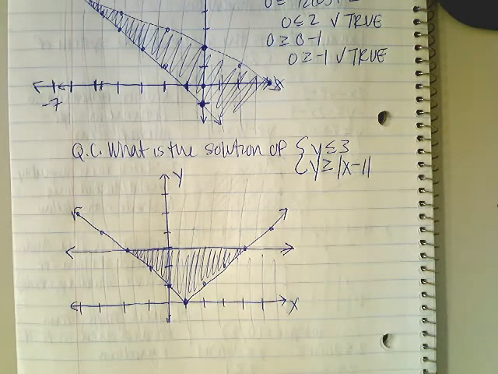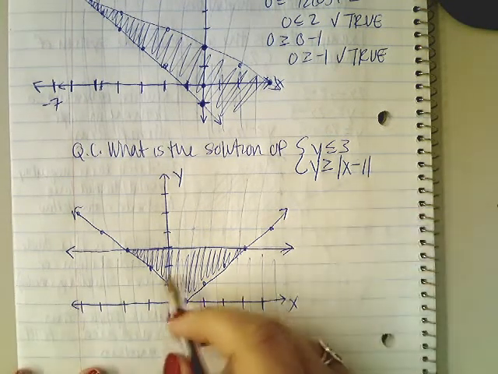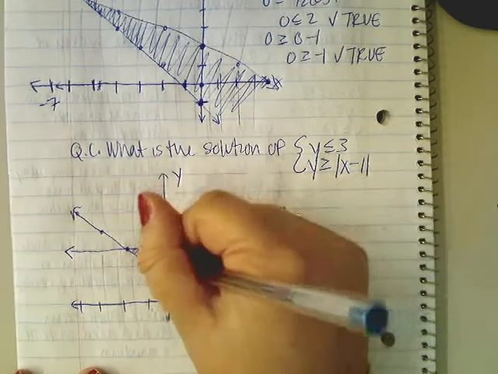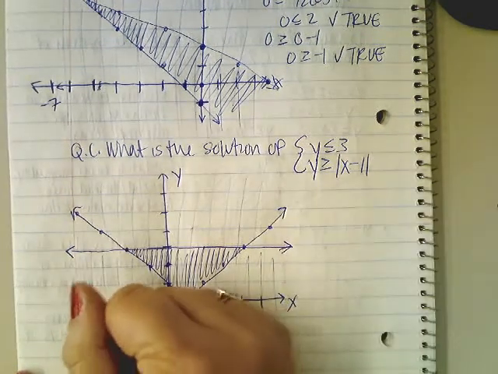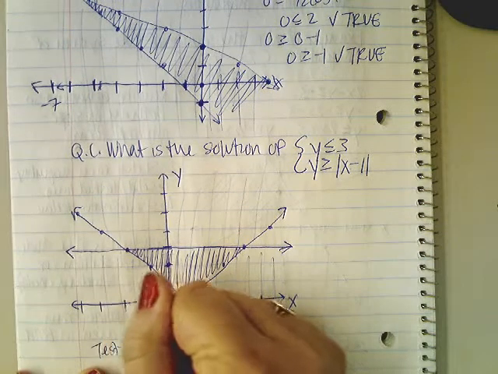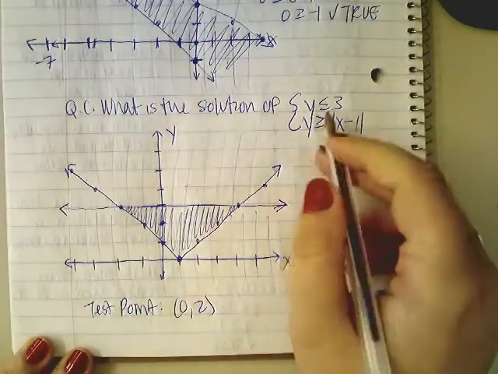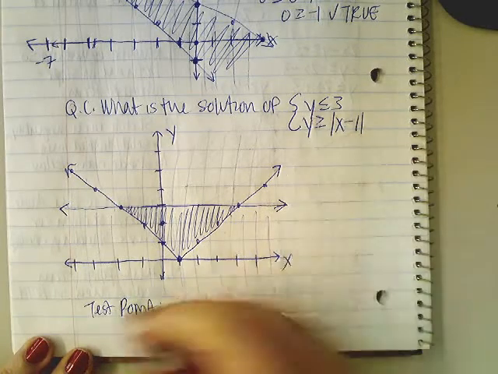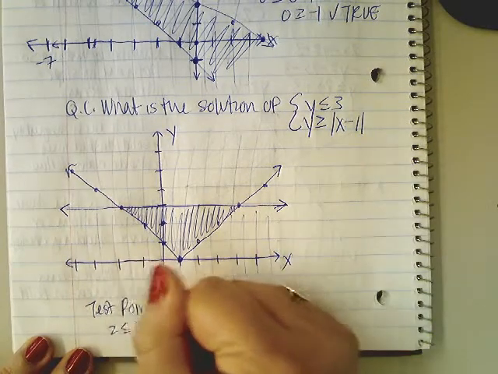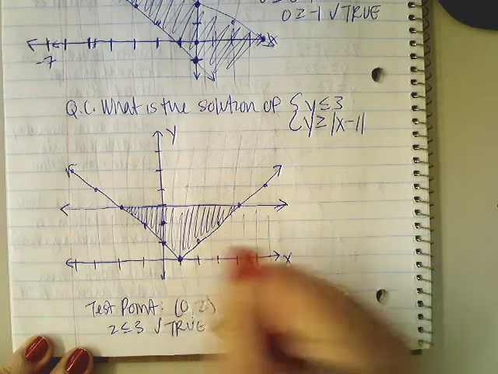I can plug in a test point just to make sure. So this again would be the point 0, 2. If I plug that in, there's no x value, but 2 is indeed less than 3, so that is true for my first equation.